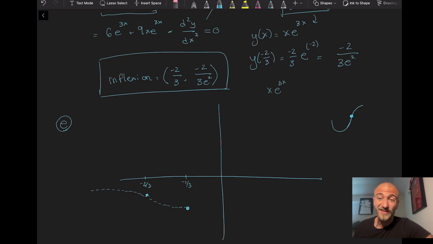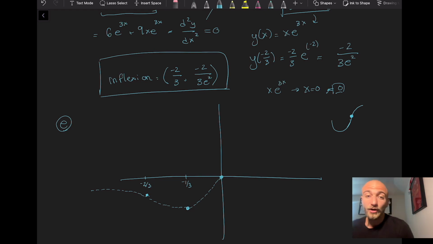If we want to figure out where this intercepts an axis, we can just plug in 0. So when x is equal to 0, this is when it should be intercepting the y-axis, excuse me. Well, 0 times 1 equals 0, so it's going to cross this point right here, which is basically telling us that after this minimum point, it's going to make its way up all the way there.